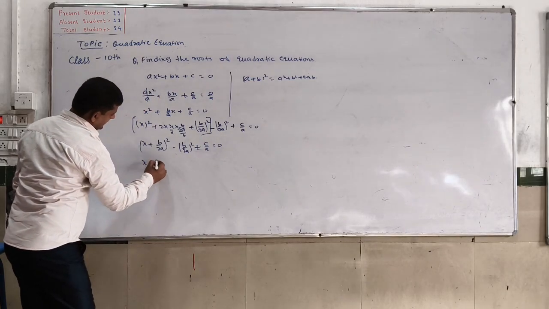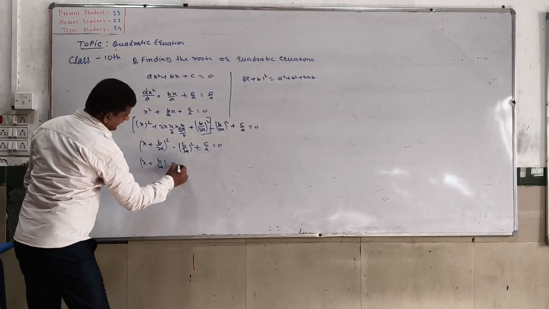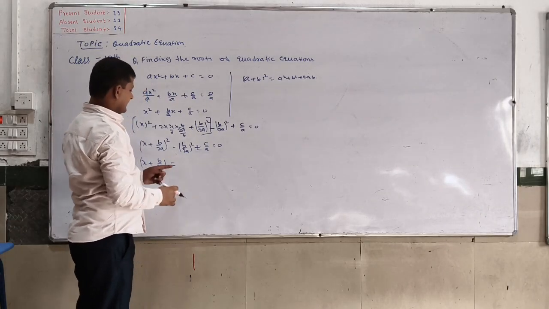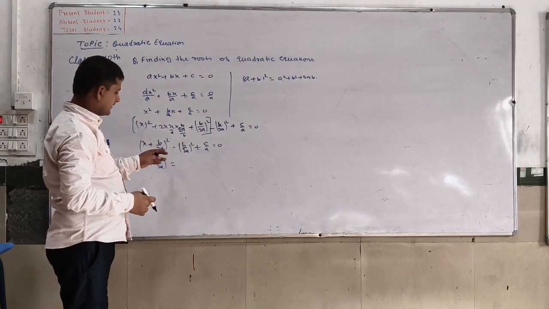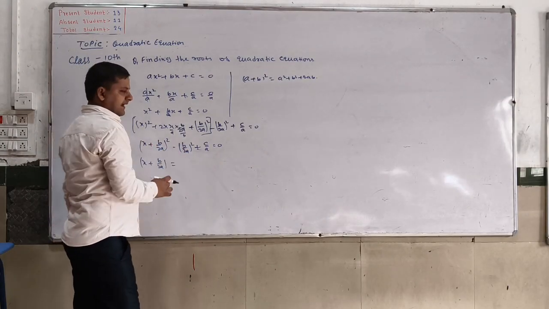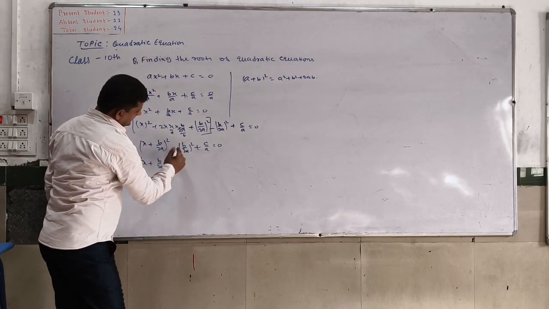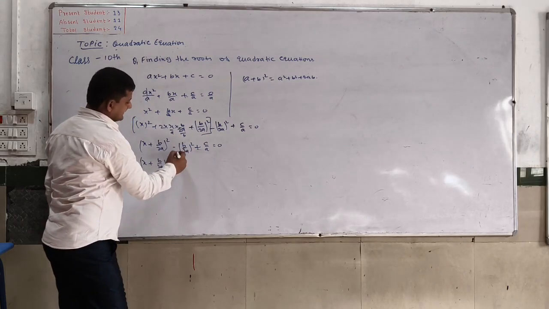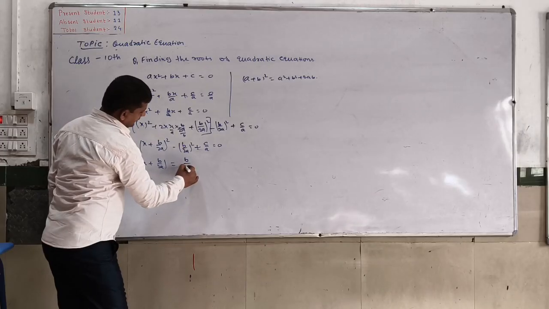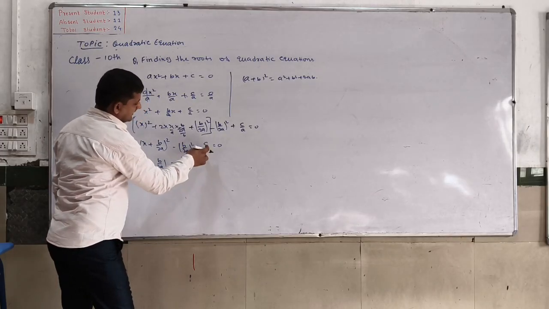Next, x plus b upon 2a is equal to: when shifting to the right side, the sign is converted, so the minus b upon 2a becomes plus. Then this is the b upon 2a whole square, and this is the c upon a.